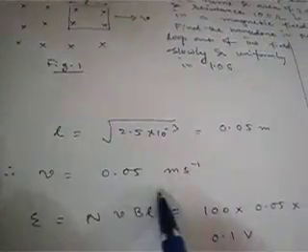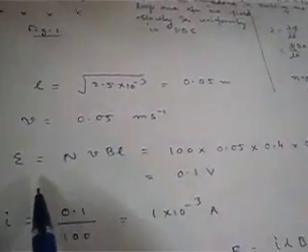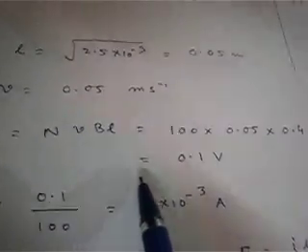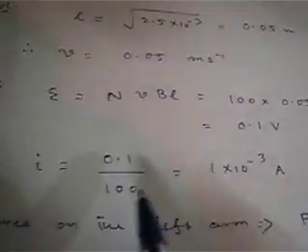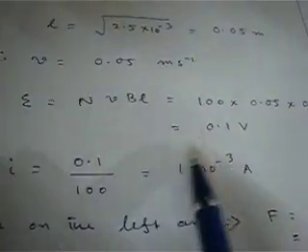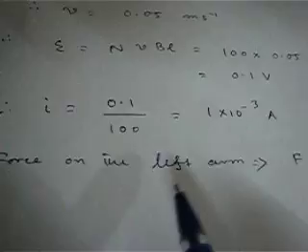Velocity can be calculated from this expression. So induced EMF, this is the formula. From this expression, dimensionally, this is the induced EMF. It is found to be 0.1 volt. So the induced current may be calculated, the induced EMF divided by resistance. This is the expression of induced current.